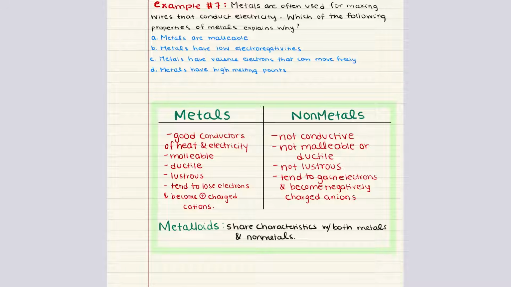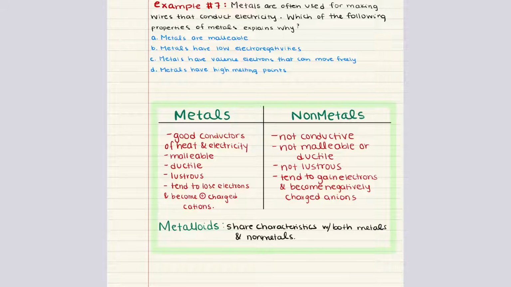Now, metals are known for their characteristic physical and chemical properties, including malleability, ductility, conductivity, and luster. But one of the most critical properties that's related to electrical conductivity is the presence of free-moving valence electrons. These valence electrons are not tightly bound to any particular atom, and so they can move freely throughout the metal lattice.